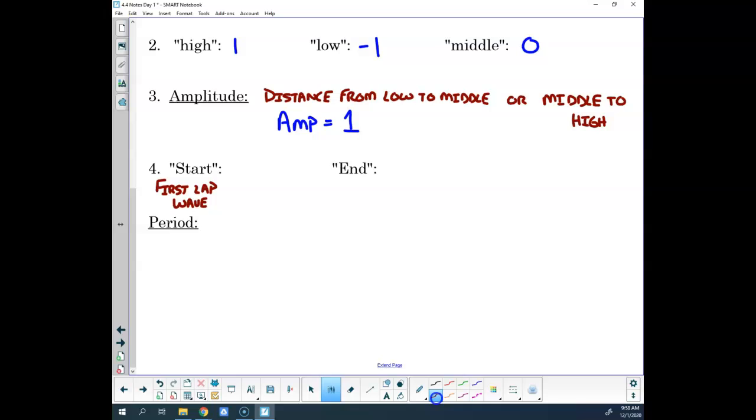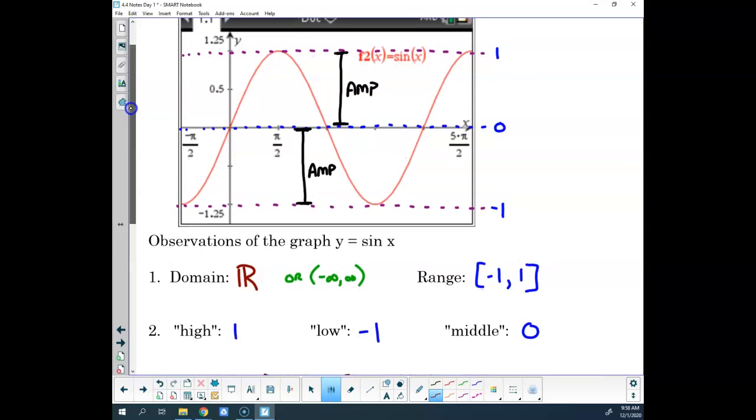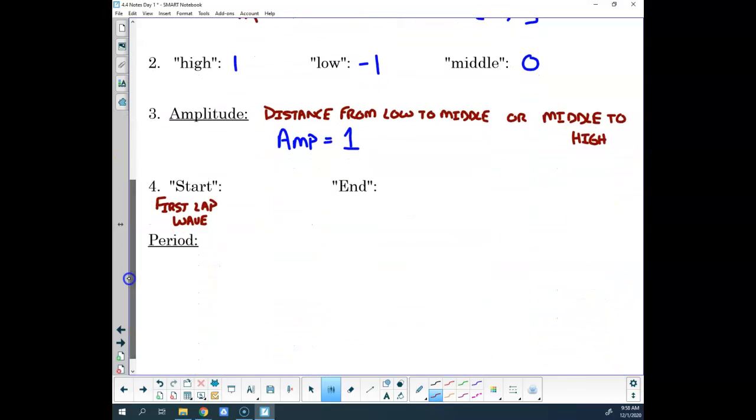So that's the start value that we want. The first lap wave start would start right here at 0 because my unit circle starts at 0. Then it's going to go all the way around the unit circle, and that's going to end at 2 pi.